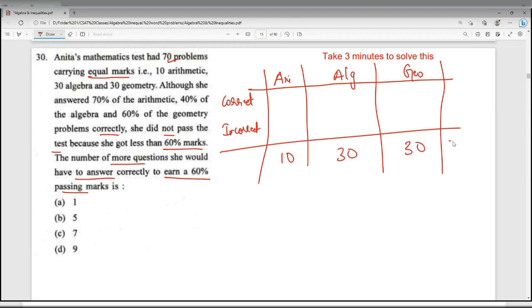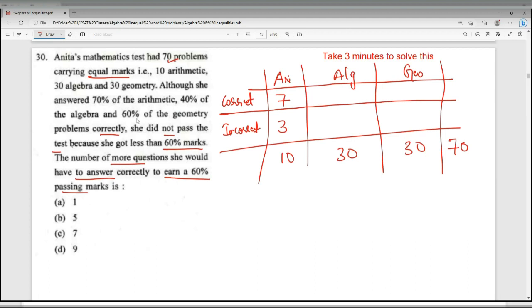So combined it is 70. They're saying she answered 70% of the arithmetic questions correctly. There are 10 arithmetic questions, and 70% of 10 is 7 questions she had done correctly. Incorrectly, she has done 3 questions, so total 10 questions.